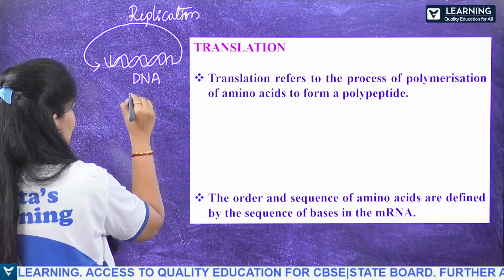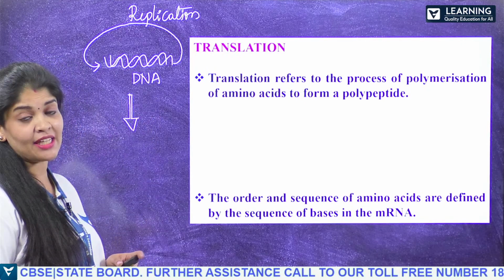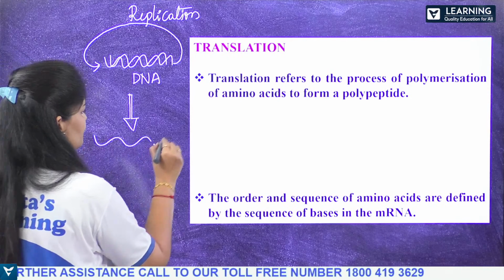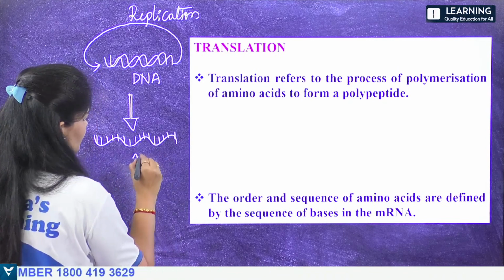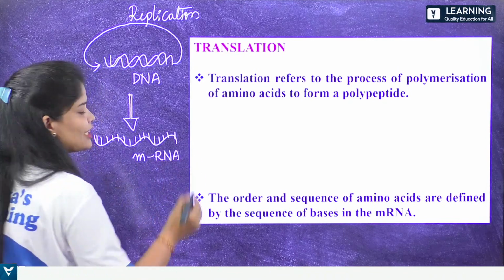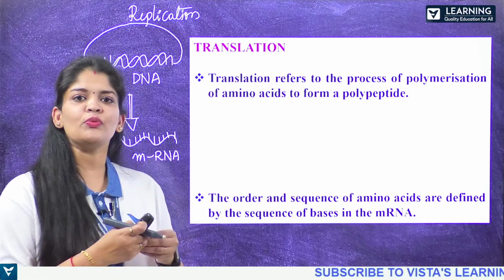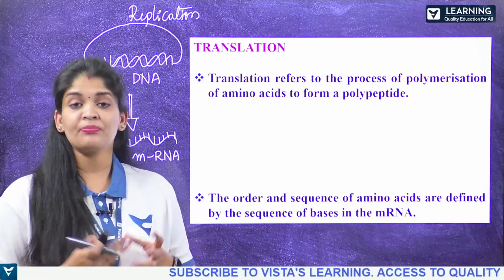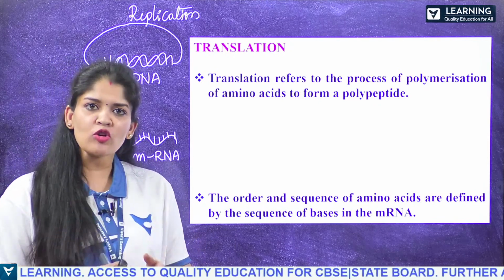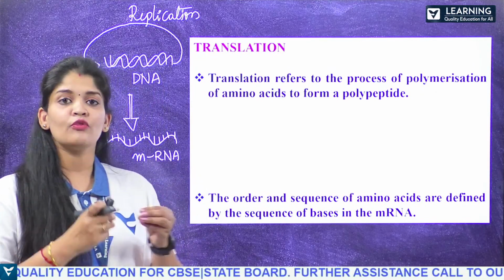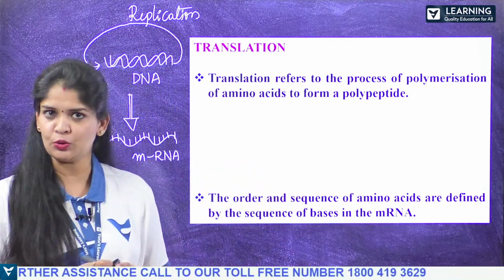Now, that genetic information stored in the DNA will be copied into mRNA. Initially this mRNA is present in the form of hnRNA, heterogeneous nuclear RNA, where it undergoes a series of processing steps, splicing, capping and tailing, to finally produce a processed or mature mRNA, which crosses the nuclear pore and reaches the cytoplasm from the nucleus.